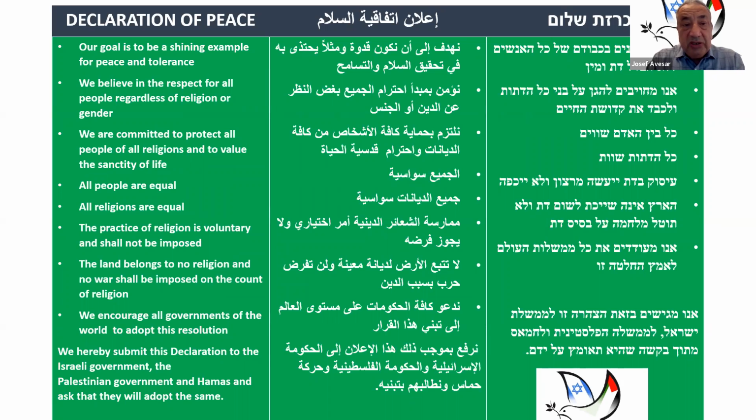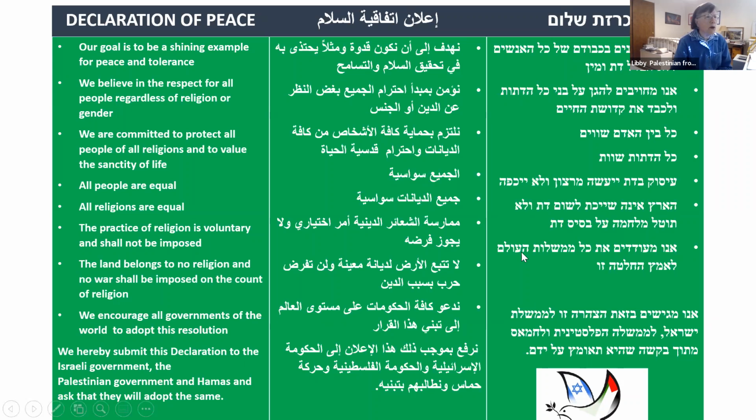Libby, do you want to read this Declaration of Peace, please? Our goal is to be a shining example for peace and tolerance. We believe in respect for all people, regardless of religion or gender. We are committed to protect all people of all religions and to value the sanctity of life. All people are equal. All religions are equal.